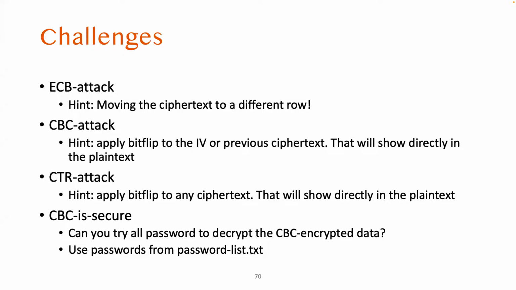So, any questions about the challenges? It's all about there being a correctly decrypted file, and you need to manipulate the ciphertext to bypass some of the checks and then get the flag.